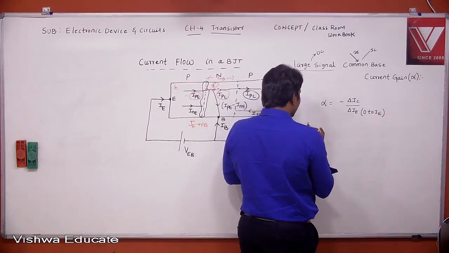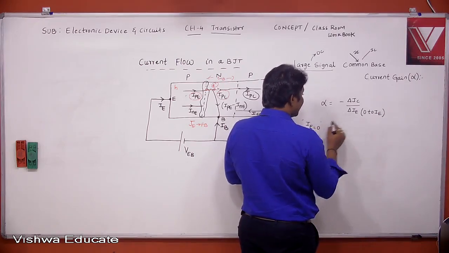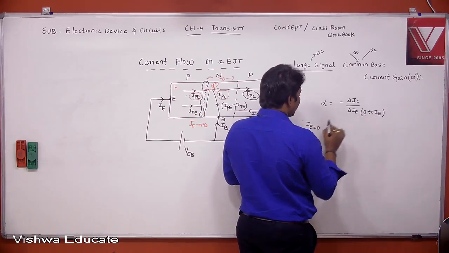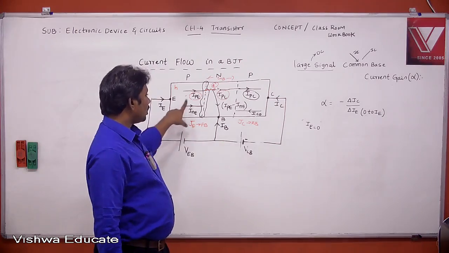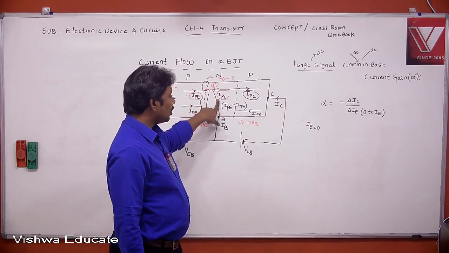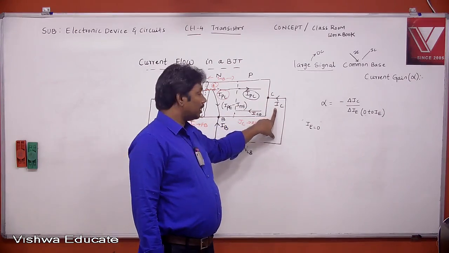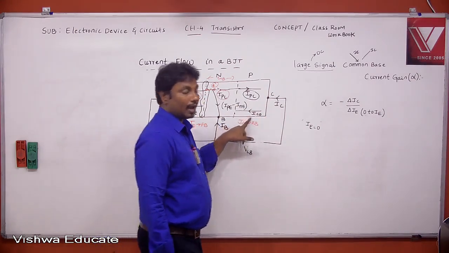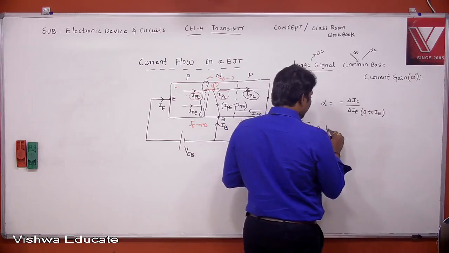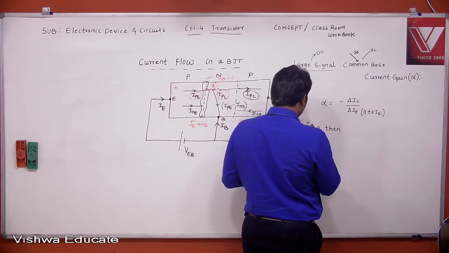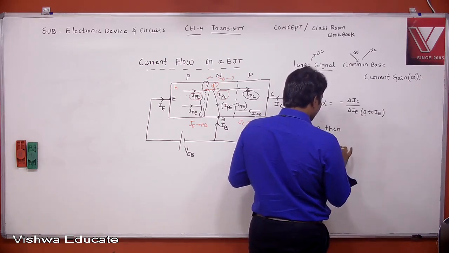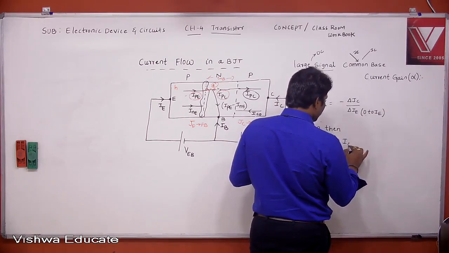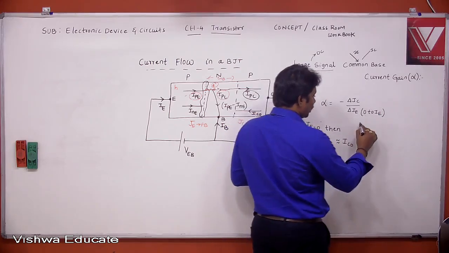Now, if the emitter current equals 0, because it changes from 0 to I, then I_pE is 0, so I_pC is 0. What should the collector current be? The collector current is nothing but I_C0.